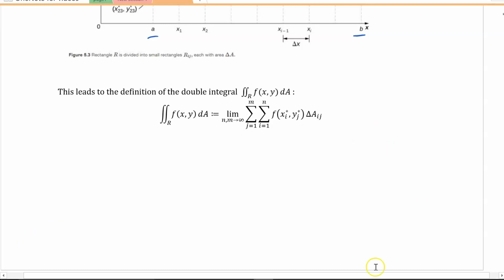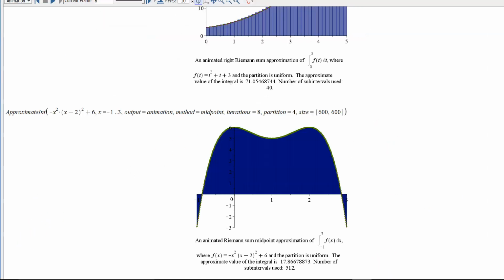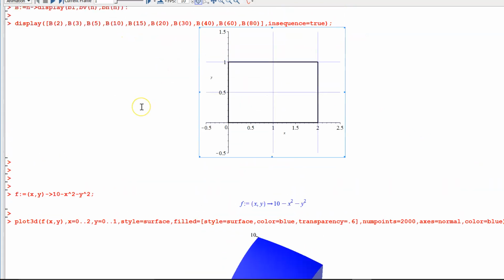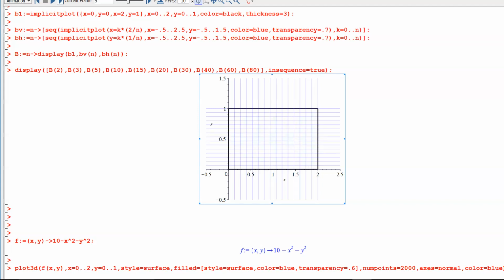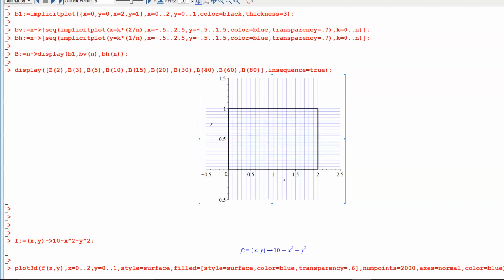Over in Maple, geometrically, what are we looking at? Here's what we're going to be looking at: this rectangle in the xy plane, with x from 0 to 2 and y from 0 to 1. If we increase the number of partitions, we get more and more subrectangles inside of our region R that we're integrating over.